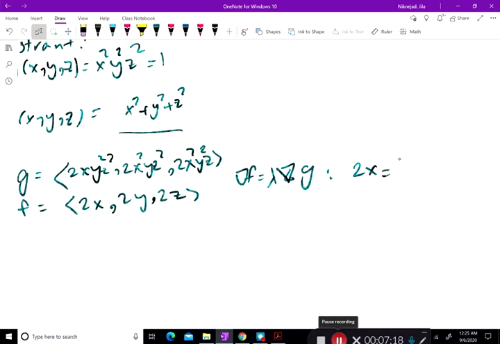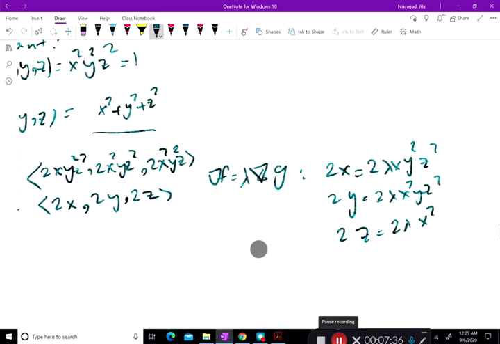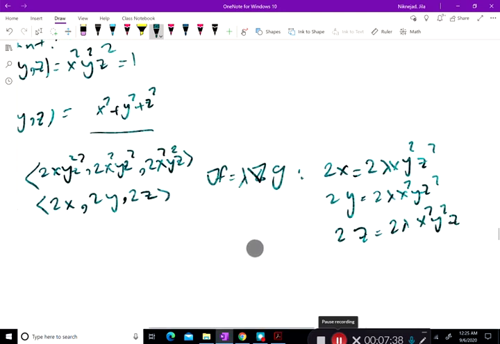2x equal to 2 lambda xy²z², 2y equal to 2 lambda x²yz², 2z equal to 2 lambda x²y²z.